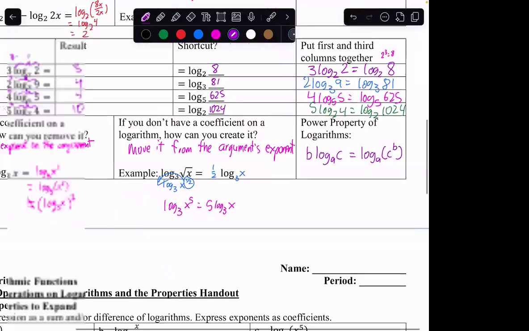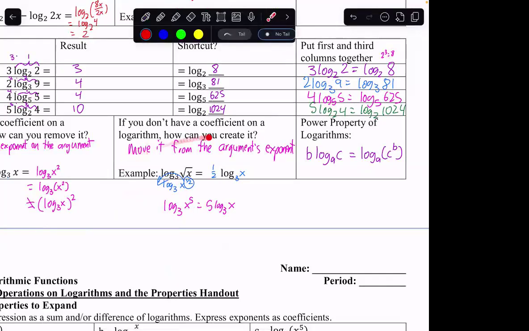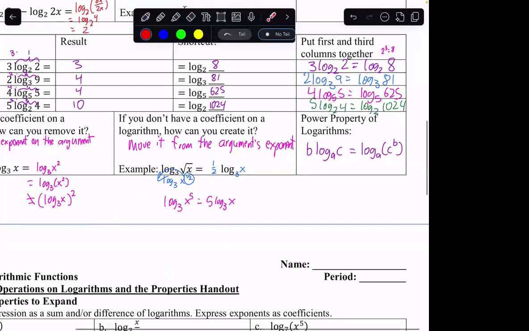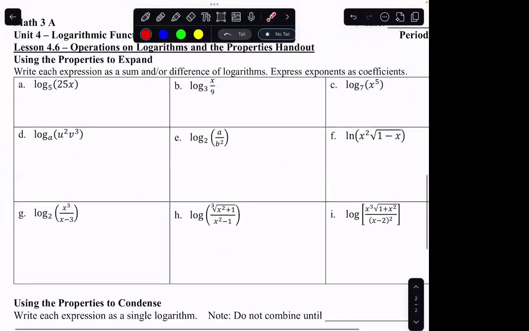So this property is going to be very helpful to us on the next page. So questions on this part? Okay, so turning to the back then.